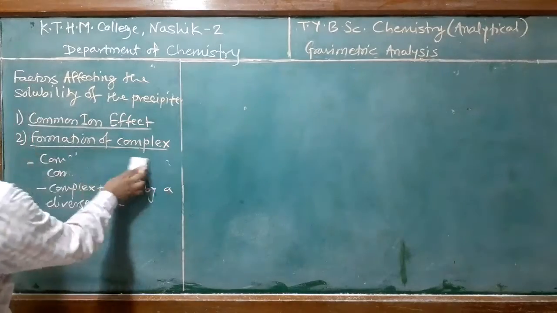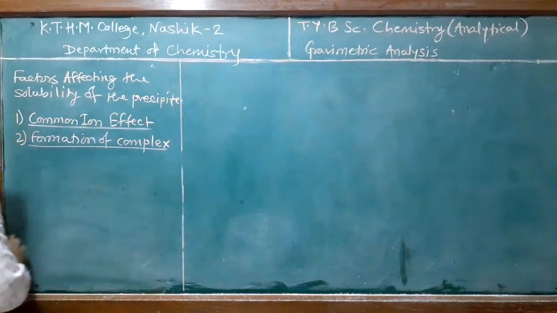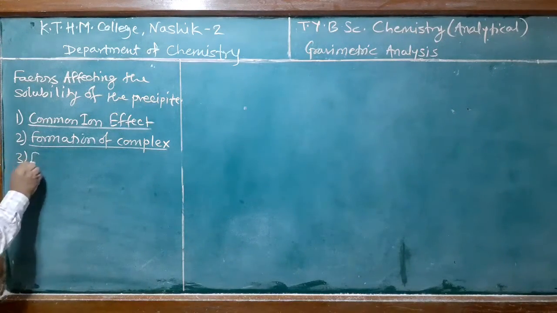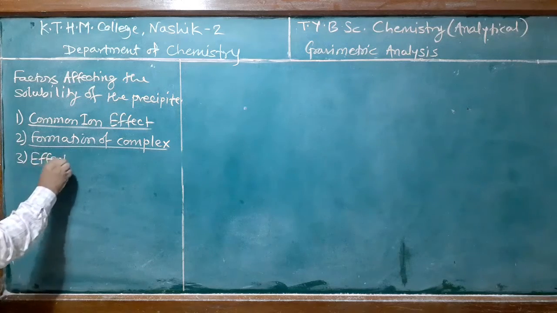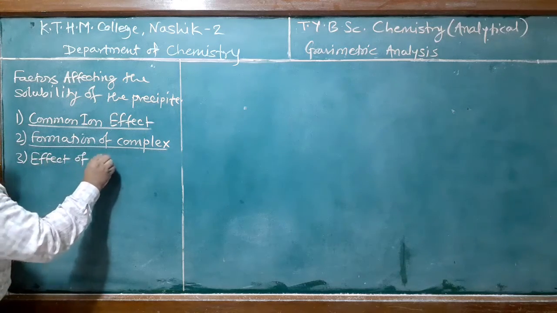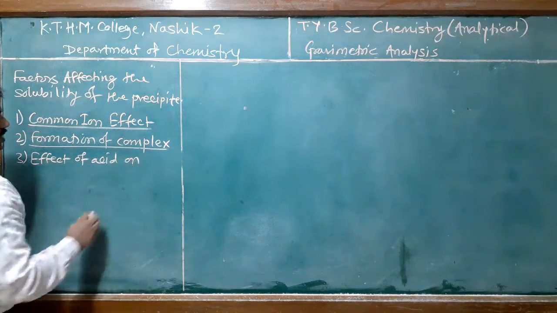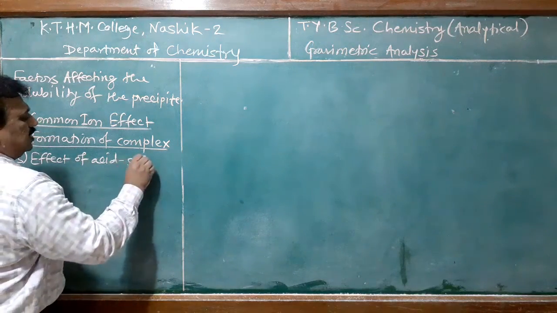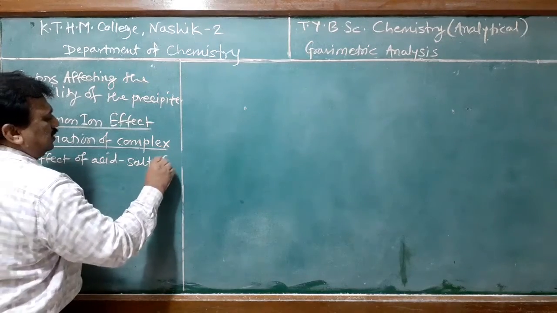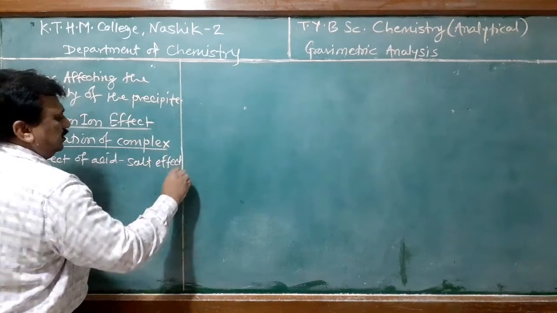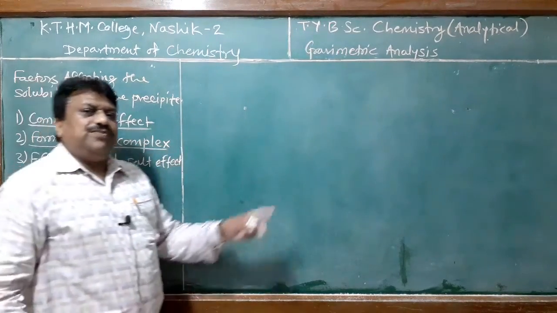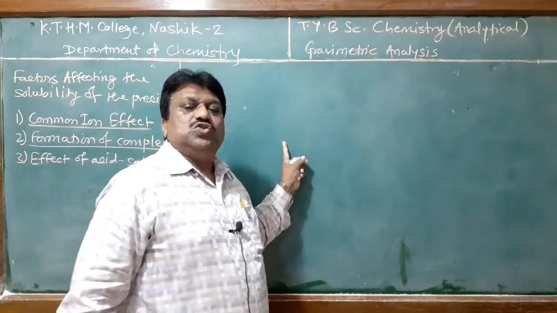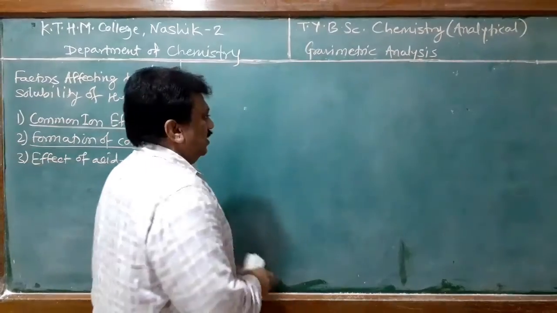Third factor is the effect of acid on the solubility of precipitate, and this effect is called the salt effect. Salt effect: effect of acid on the solubility of precipitate.